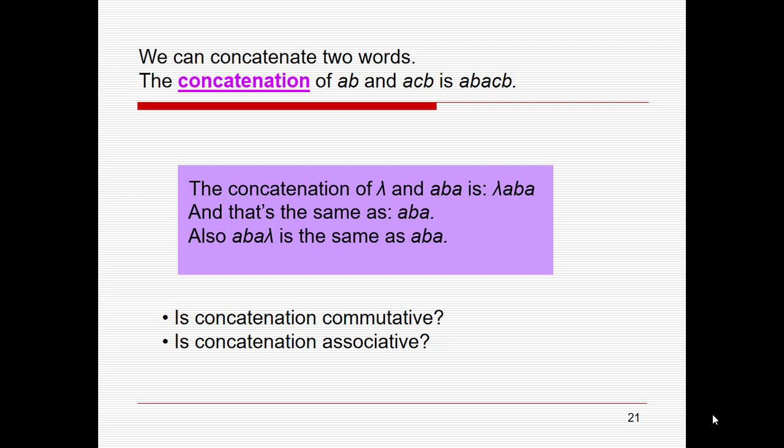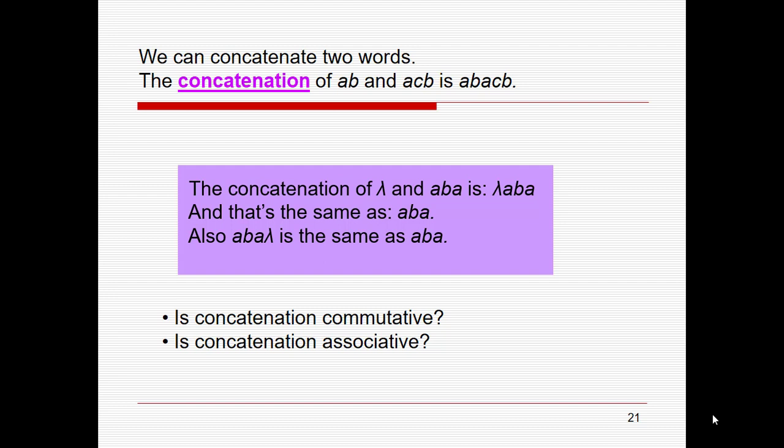If we look at the two questions, commutative and associative. So would concatenation be commutative? Well, of course not. If we put ab and acb together, then we get abacb. But if we would do acb first and then ab, we get quite different words.